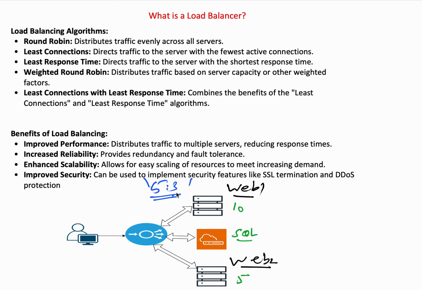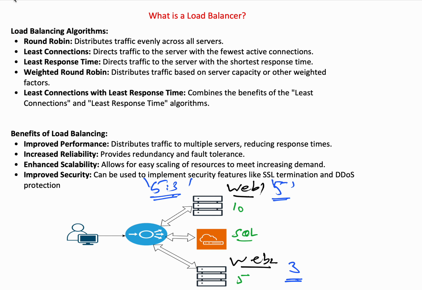Some devices have weight in terms of, the lower the weight, more connections. Some devices have more the weight, more connections. Mostly it's more weight, more connections. So if we have 5 is to 3, 5 connections are supposed to go to web 1, 3 to web 2. It will make sure that it is always in the ratio of 5 is to 3.